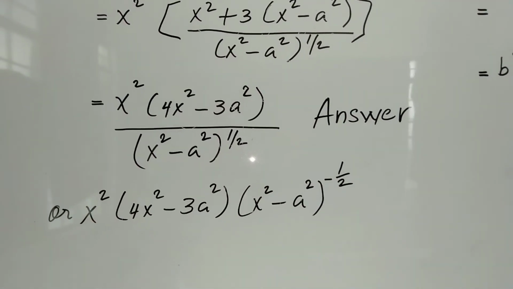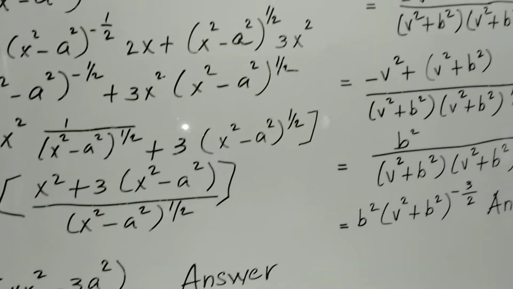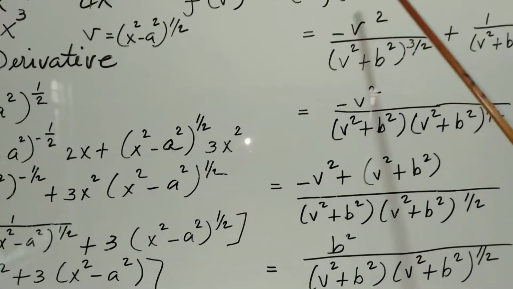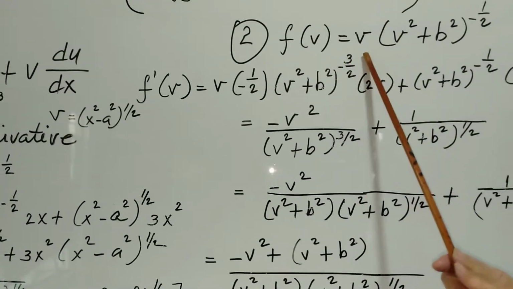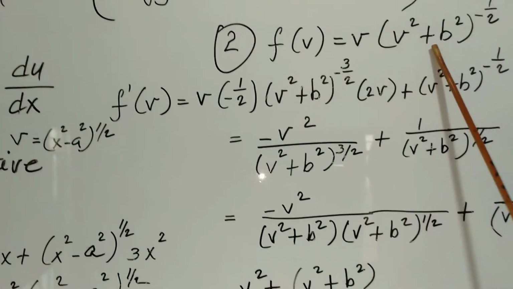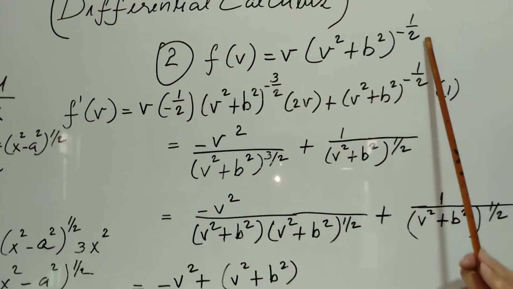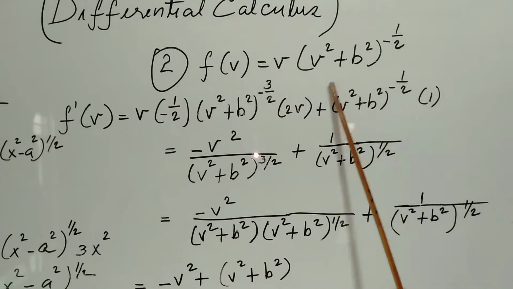So for our second problem here, we are given the function f of b is equal to b times the quantity a b squared plus b squared raised to negative 1 half. So first term is b, second term is this binomial.